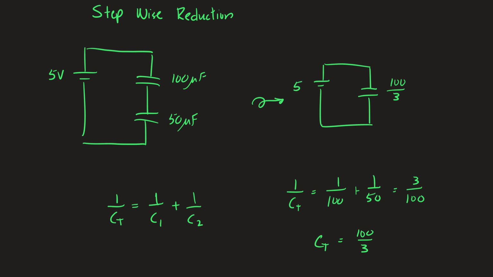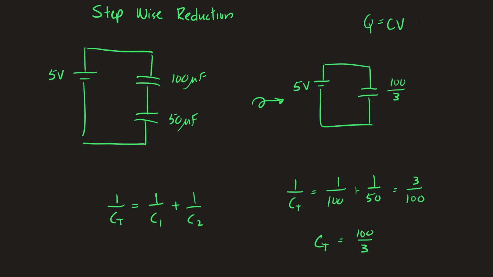Still applying 5 volts, but now it's to an equivalent capacitor. But I know that Q equals CV, right? Taking that definition of capacitance, rearranging it again a different way. This should tell me what the charge is, right?